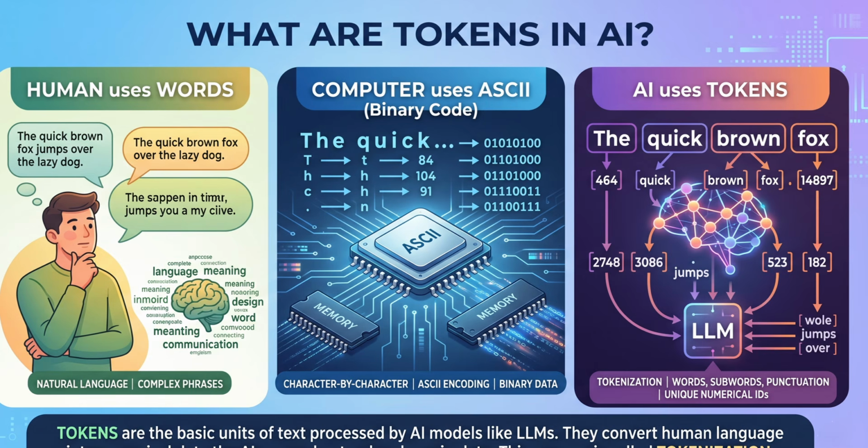To start with, we should understand what a token is in the AI concept. Human beings use words to communicate. Computers use ASCII to understand the input and output. Likewise, for the LLM to understand what we provide as input and what it has to provide as output, we use tokens to communicate with LLMs.